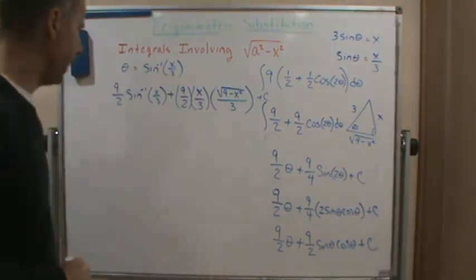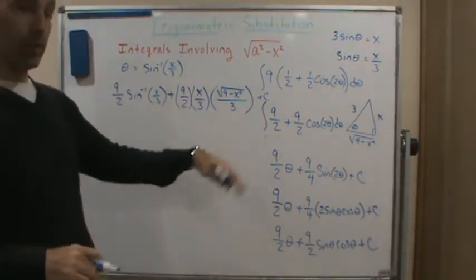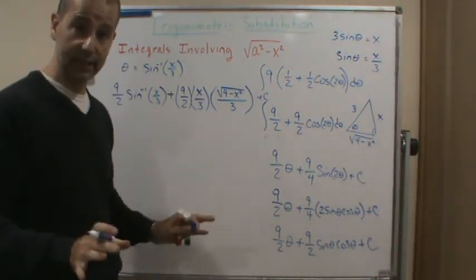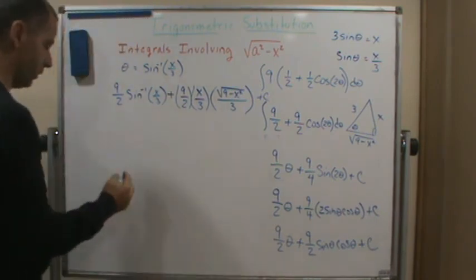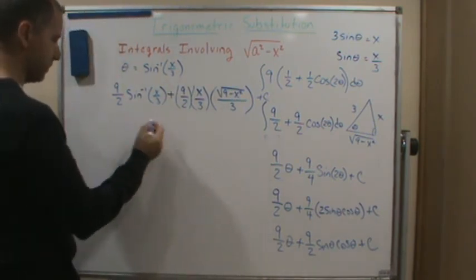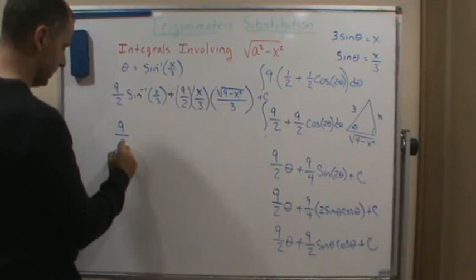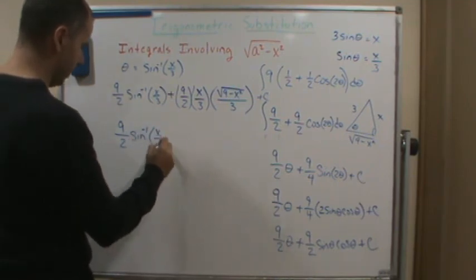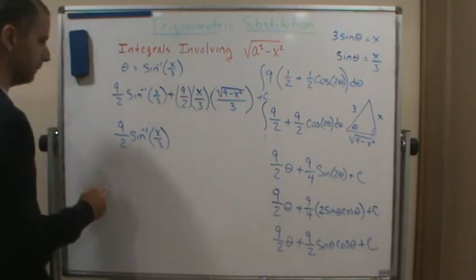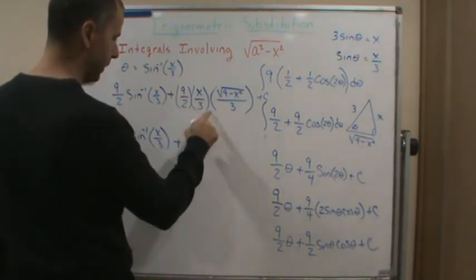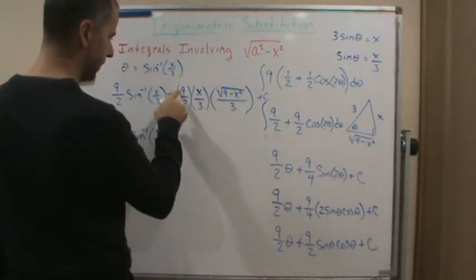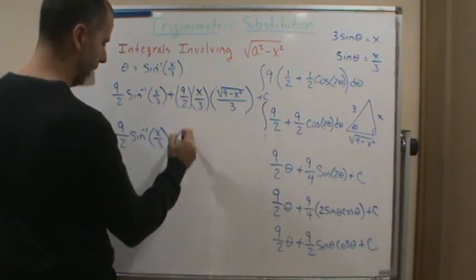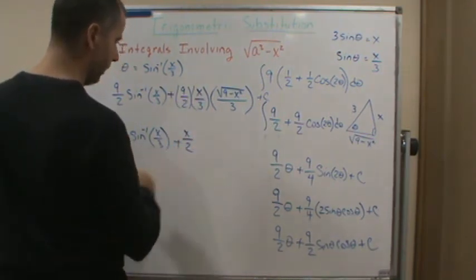Okay, so now everything's in terms of x. We're done. We just need to simplify, and we've got our final answer. So now I'm going to simplify everything. So this is 9 halves sine inverse of x over 3 plus, now 3 times 3 is 9, so these are going to cancel with this 9. So I'm going to get x over 2, right?